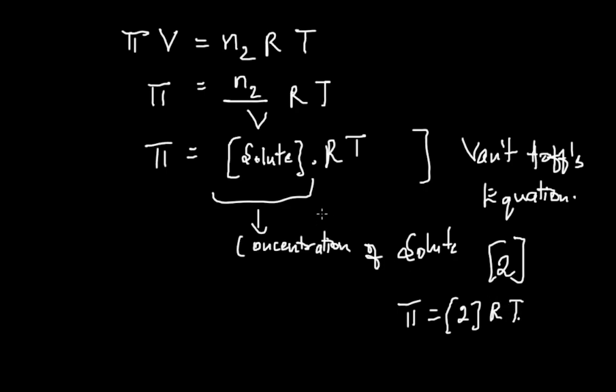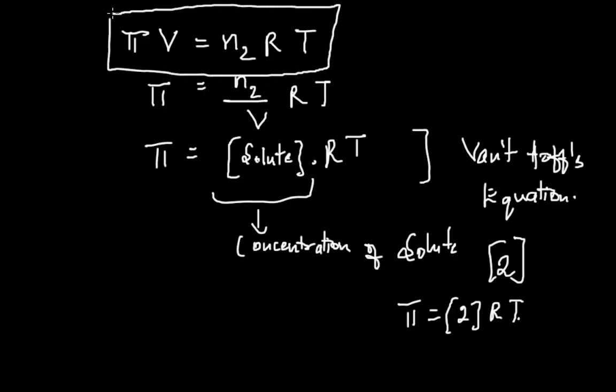See here, this term is exactly identical to your PV is equal to nRT, the ideal gas equation, except that instead of P, pi has been put in this Van 't Hoff's relation.